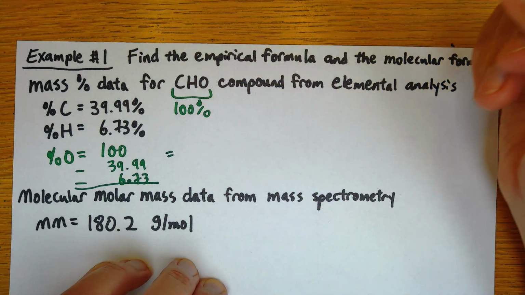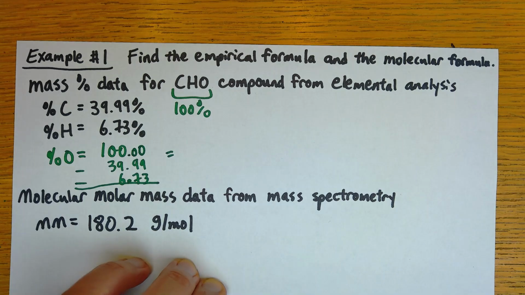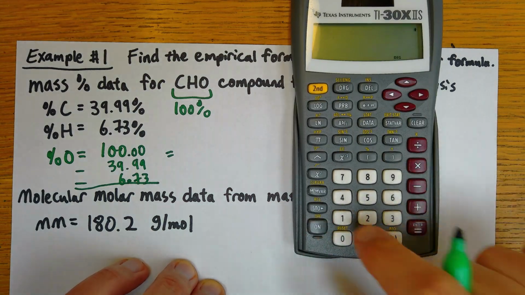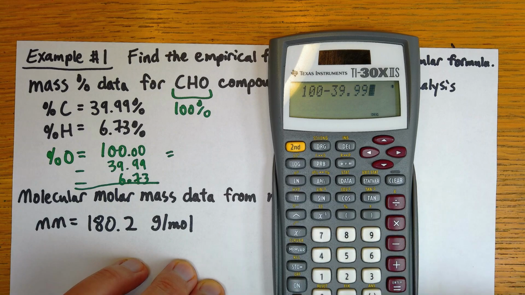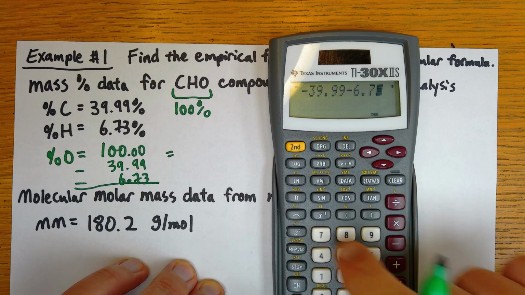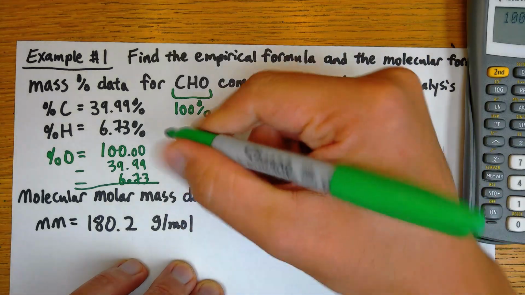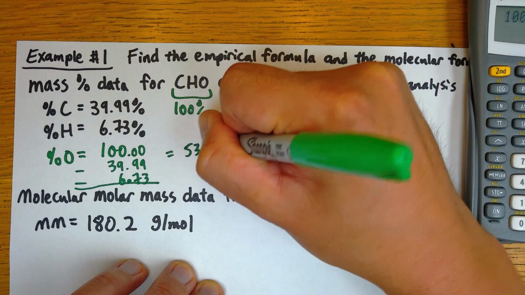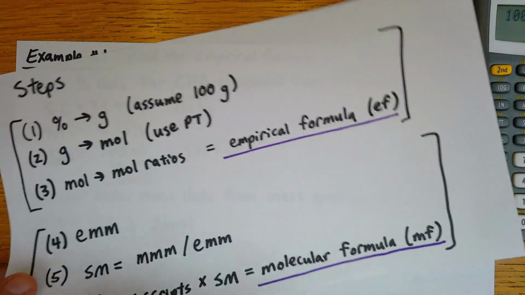If you're wondering about the sig figs, this 100% is considered an exact number, so you can give it as many sig figs as needed. So 100 minus 39.99 minus 6.73. Boom. 53.28 percent.